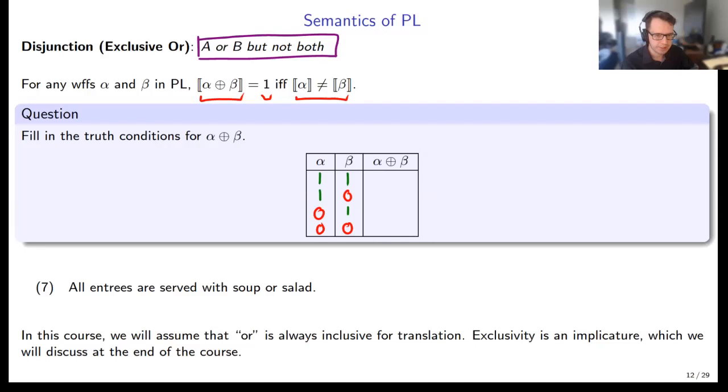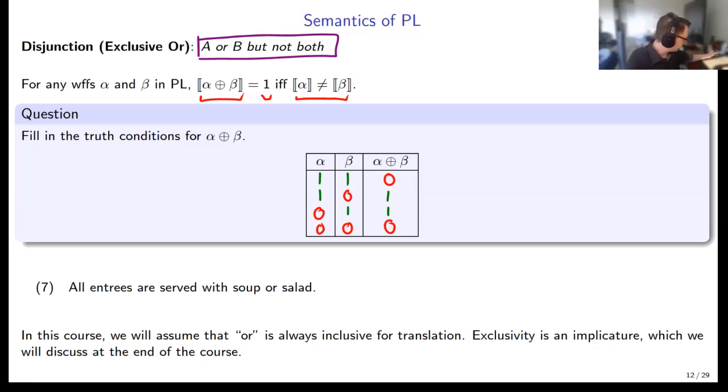This is the same thing as inclusive or, except it is false when both alpha and beta are true at the same time. So it's called exclusive or because you can only have exactly one of A or B, exactly one of alpha or beta. So this is A or B, but not both.